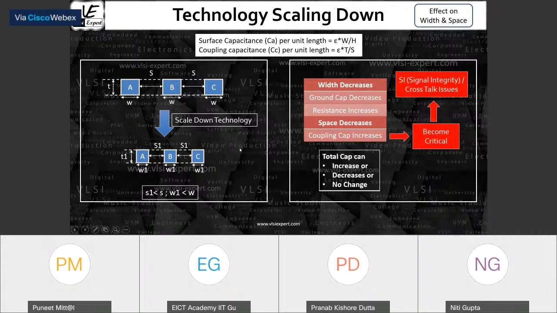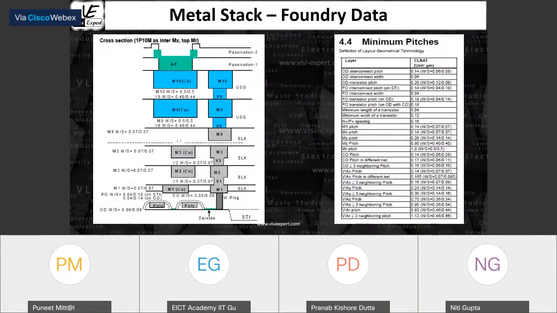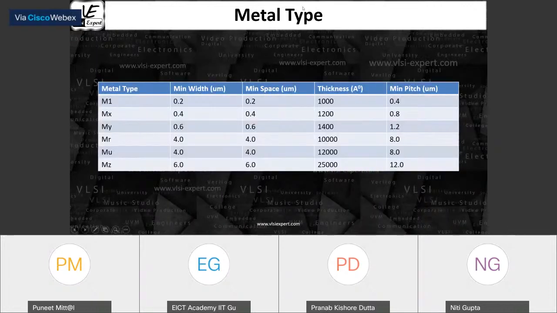Okay, so this is the stack which I already showed you. The foundry usually provides the technology file in this particular fashion. I'm not going to discuss too much about this here. Just for your information, from the different metal layers' point of view, minimum width, minimum spacing, and thickness are all different.